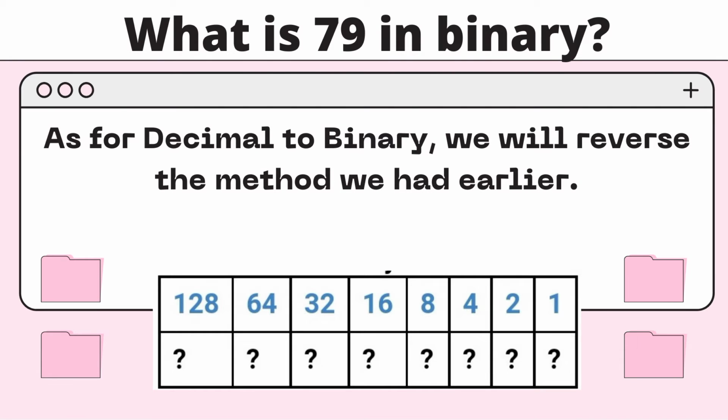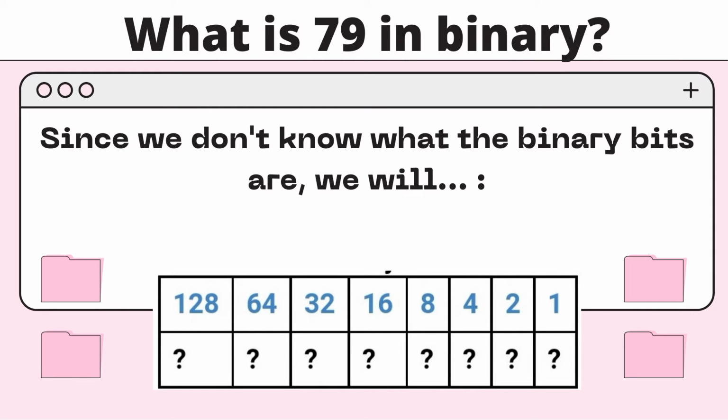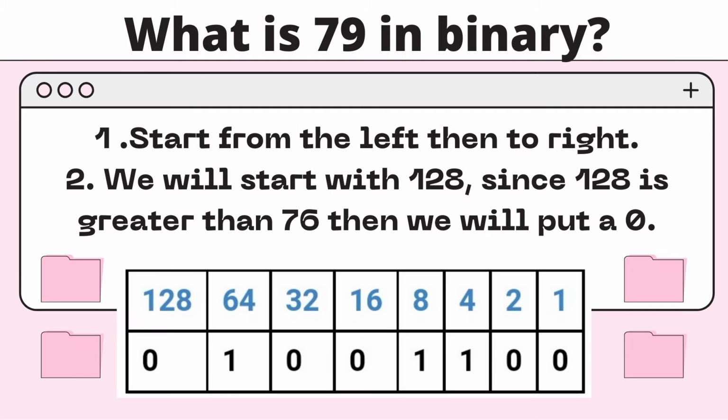As for decimal to binary, we will reverse the method we had earlier. Since we don't know what the binary bits are, we will convert 76. Number 1. Start from the left, then go to the right. Number 2. We will start with 128.